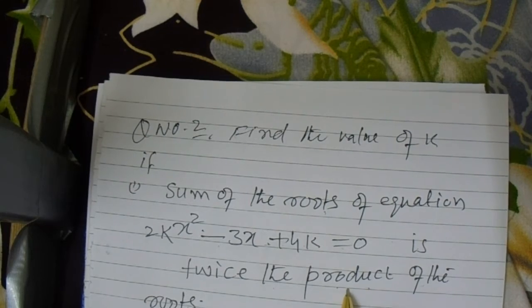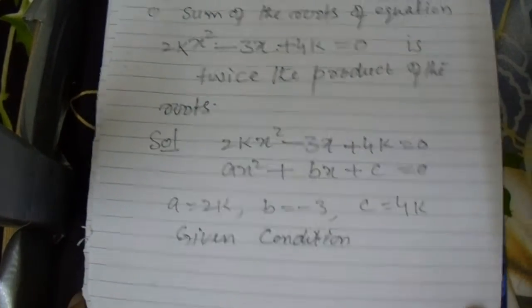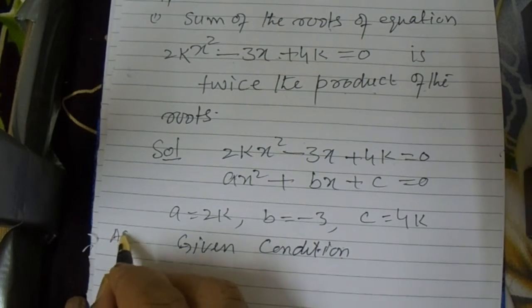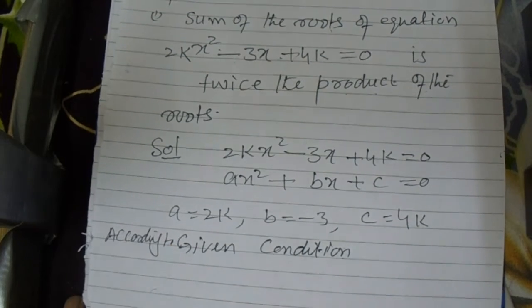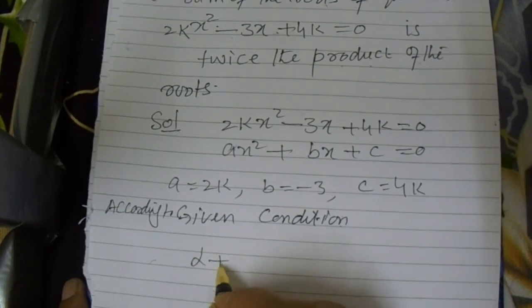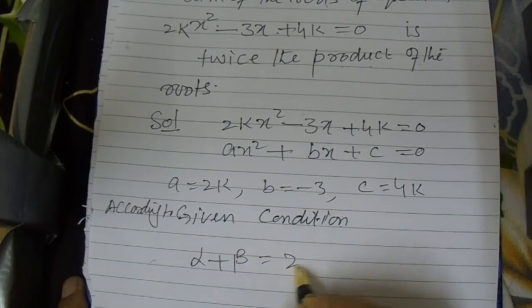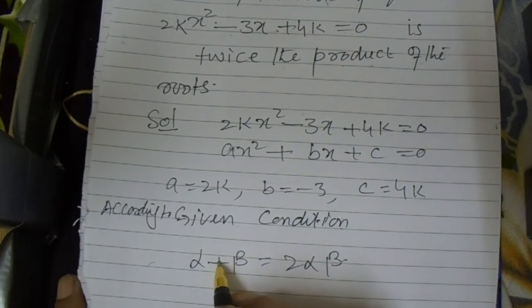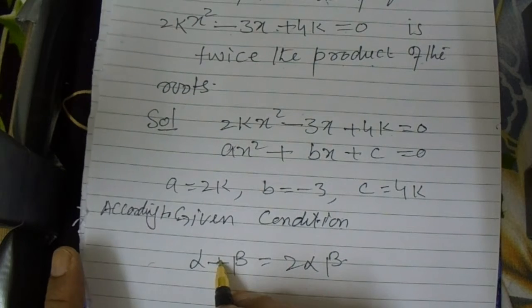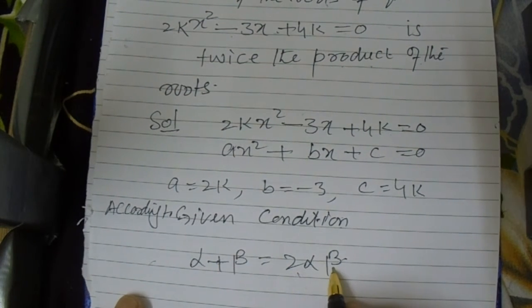It means alpha + beta = 2 alpha beta. According to the given condition, alpha + beta = 2 alpha beta. The condition is that the sum of the roots, alpha + beta, is twice the product of the roots.